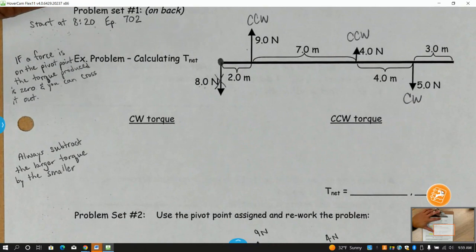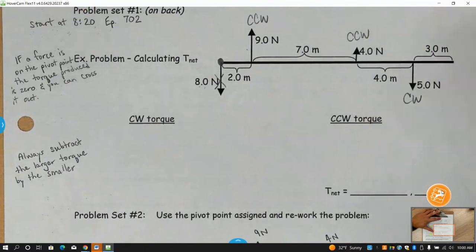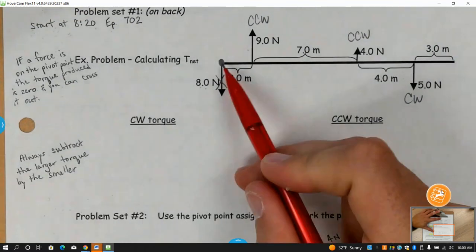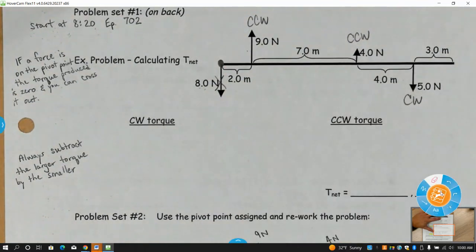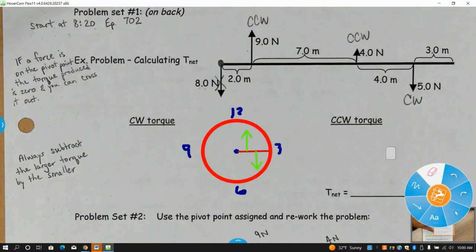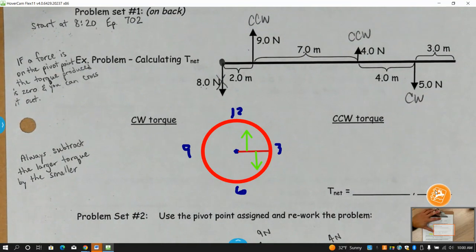These directions could change depending upon where the pivot point is placed. But because it was placed out here, and we extended these things out to the right, like you would for 3 o'clock, you're cool with that part?